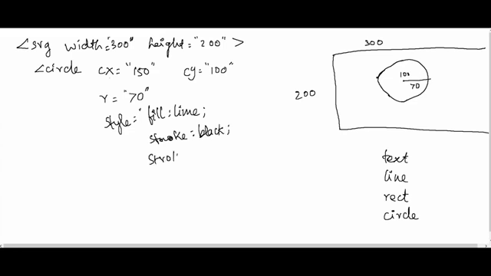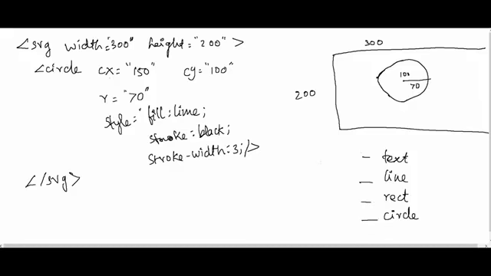So stroke width 3. Okay, so finally we can close like this, and here the SVG. Right? So in this session we have covered text, line, rect and circle.